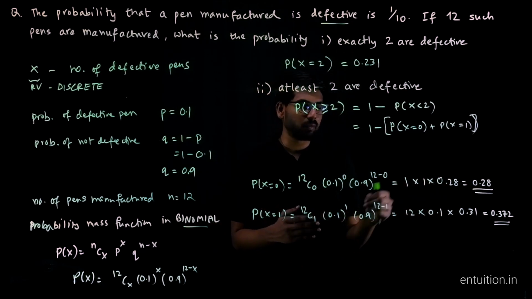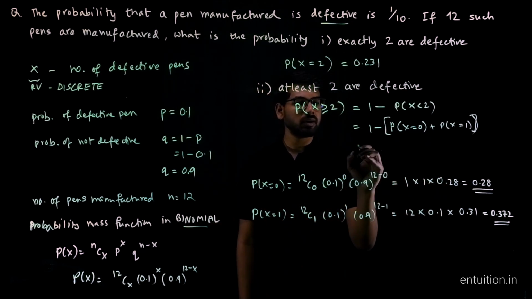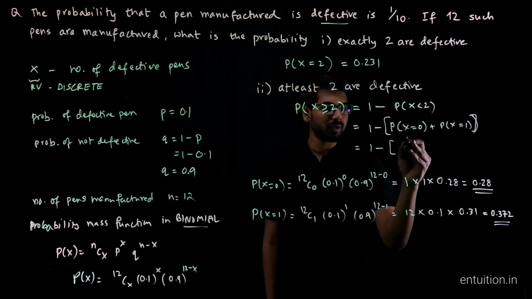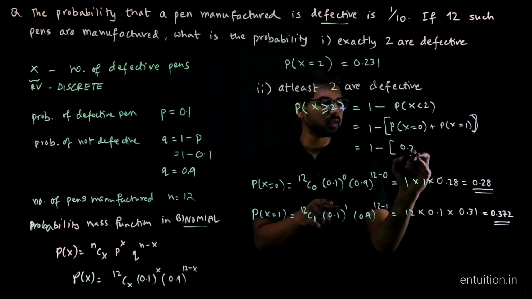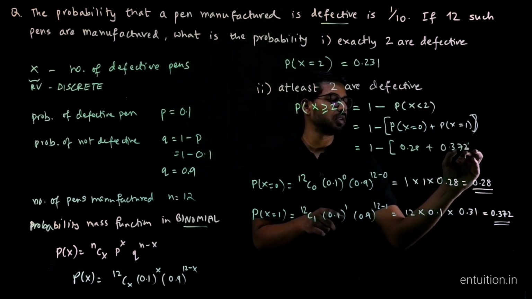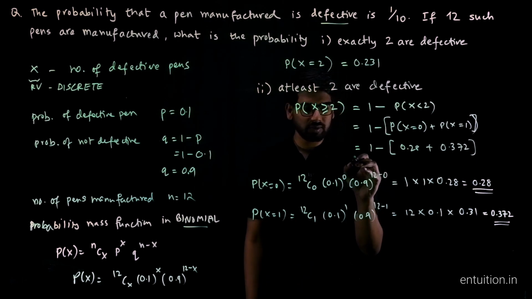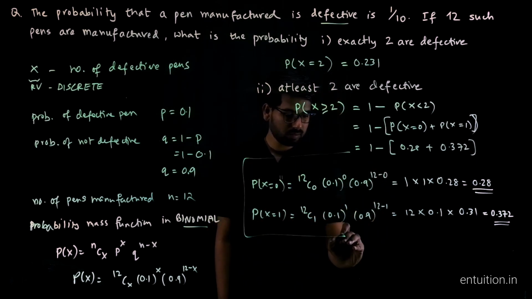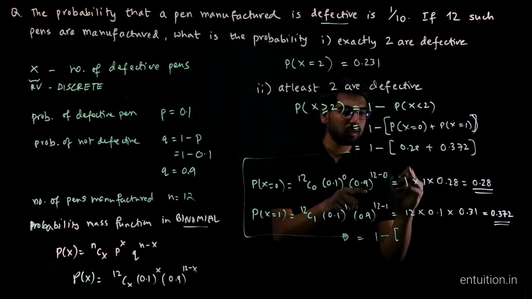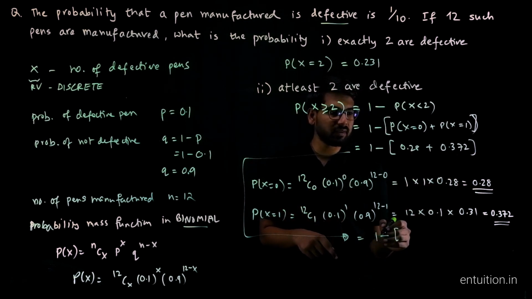The probability that x equal to 0 is 0.28. Substitute them here. What will you get? 1 minus the probability of x equal to 0, which is 0.28, plus the probability of x equal to 1, which is 0.372. That is equal to 1 minus 0.28 plus 0.372. What is that?